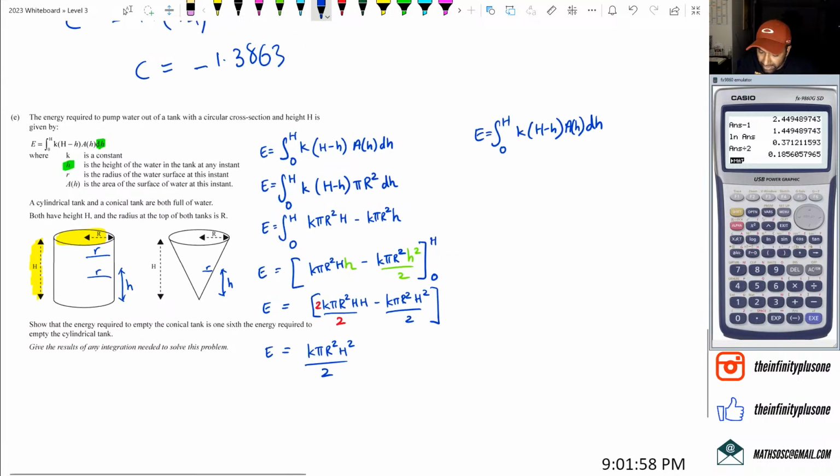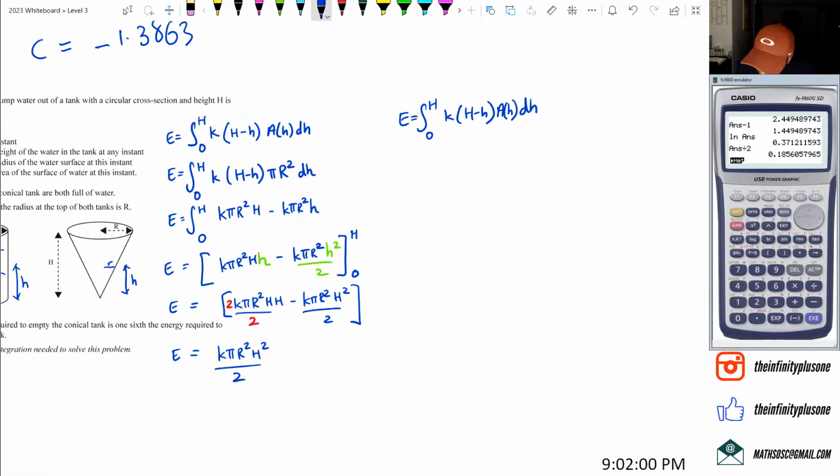So what we have there is a similar triangle that we need to work out. We've got capital H, we've got big R, and let's say from here to here is the actual height, then this is going to be the radius for that circle that's actually inside the cone.